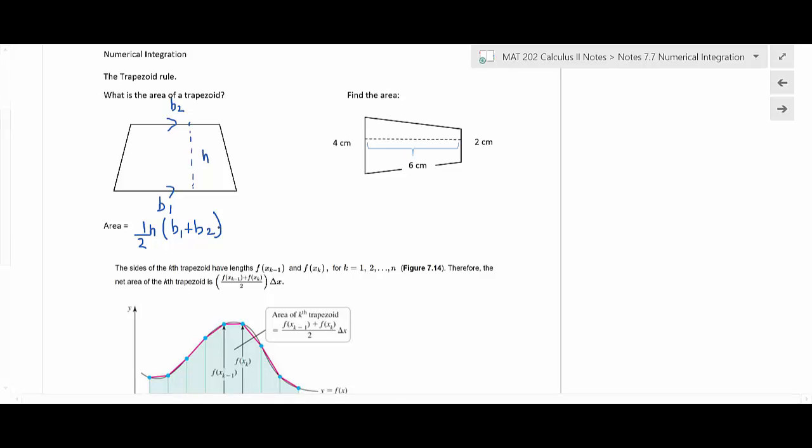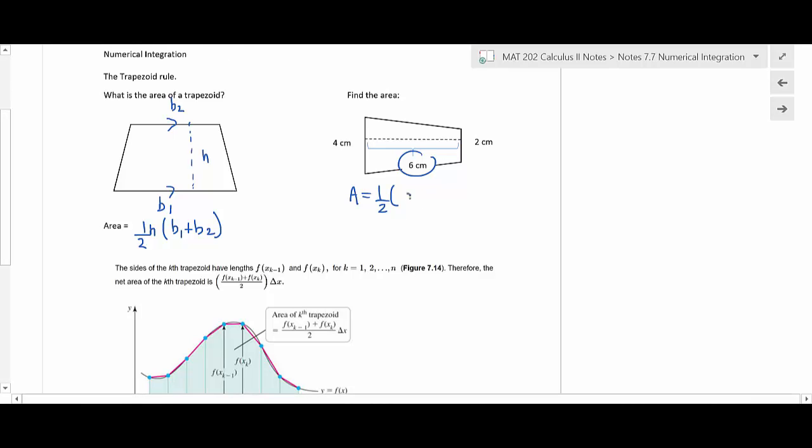I'm going to draw the trapezoid sort of this way, because that's the way you typically have to look at it in your function. Here's just an example of a trapezoid. Let's do the area of this. The area would be 1/2 the height. The height is 6 centimeters. All that height is, is the distance between the bases. It doesn't have to be pointed up and down, it's just the distance between those two things.